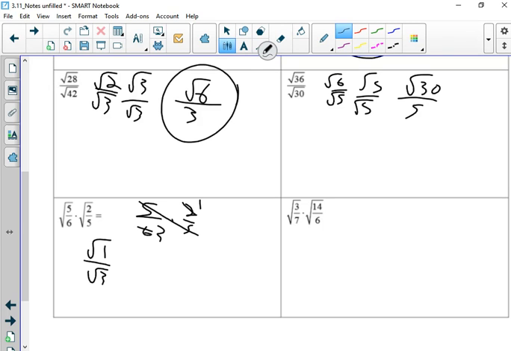So, square root of 1 is just simply 1 over radical 3. And then you rationalize it. So you end up with radical 3 over 3. And you're done. So simplifying first is the key. Reducing wherever you can.